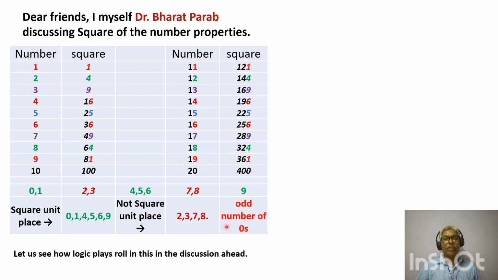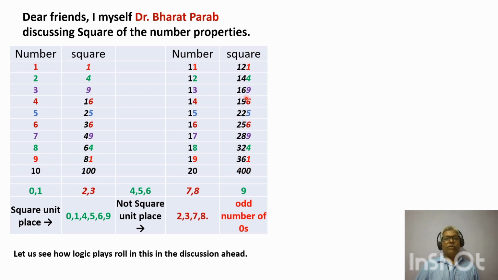Another property is that a square number contains an even number of zeros at the end. If it contains 1 zero, or 3 zeros, or 5 zeros, then that number cannot be a square number.